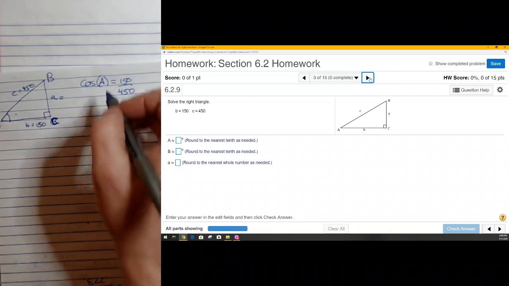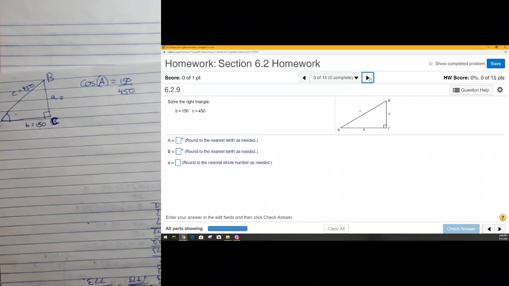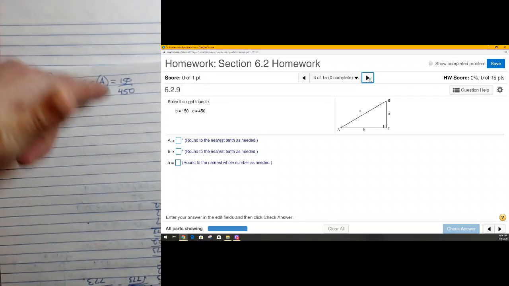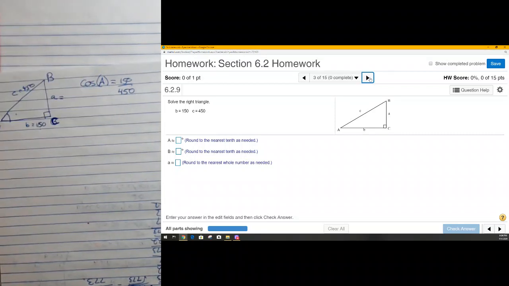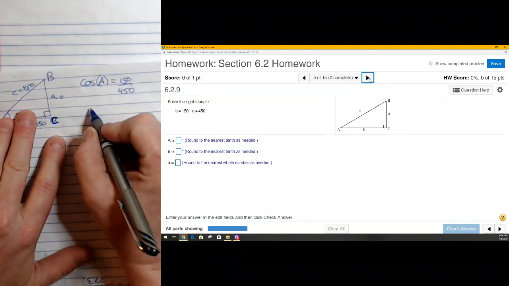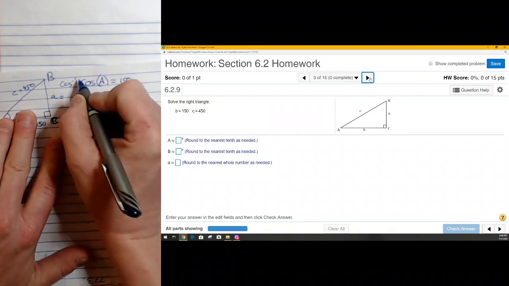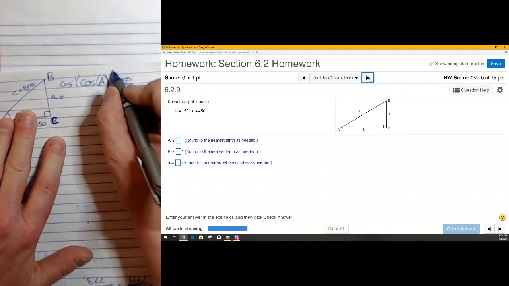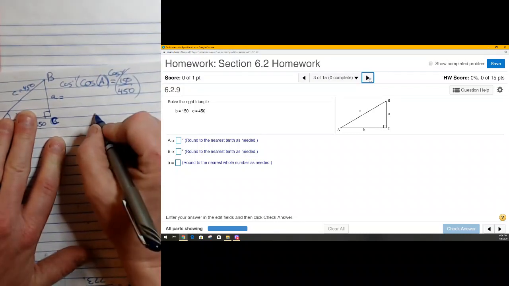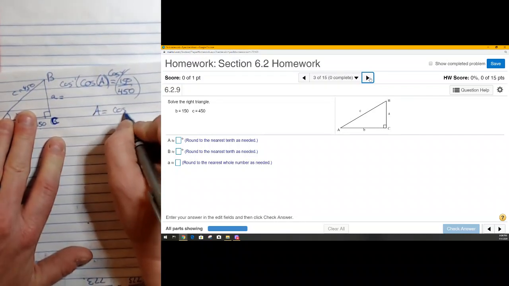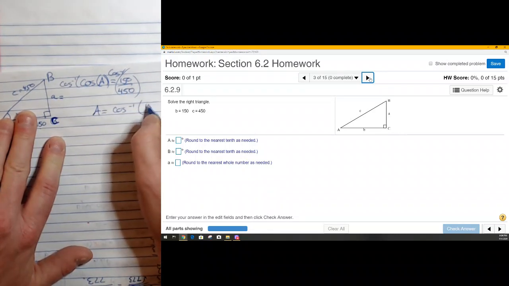Great. So now I have to solve for A. There's no way I can manipulate this around, right? But what I'm going to do is use an inverse trig function, and I'm going to take the inverse trig function of both sides. Reality is we're just going to get A is equal to cosine -1 of 150 over 450.